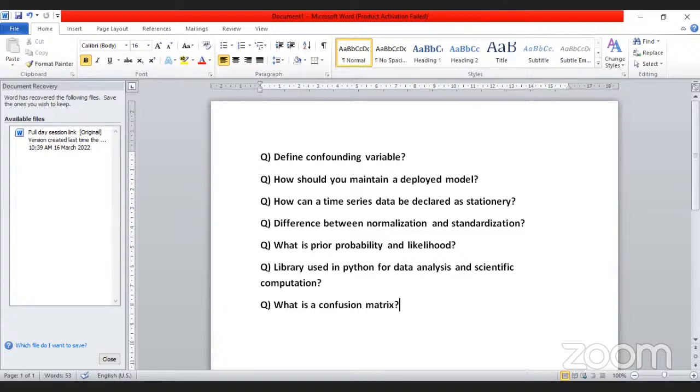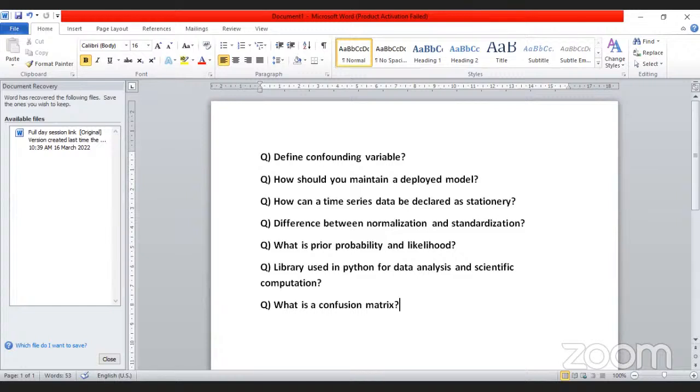Now the next is false negative. What is the false negative? It is all those records where the actual values are true, but we predicted them as false. Actually that value is true, but we misclassified it. That is the false negative. Then what is the true negative?